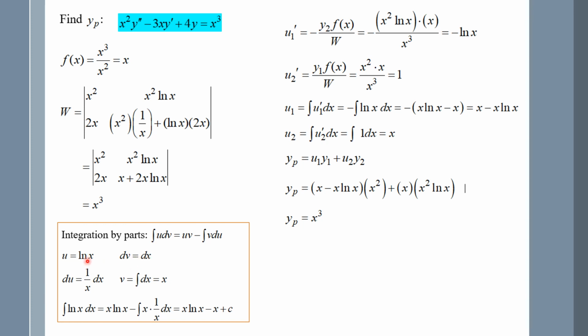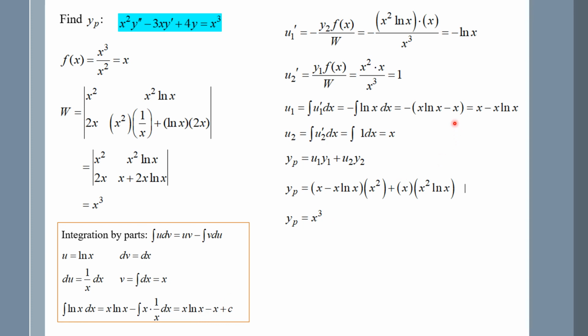Differentiate ln x to get du, the answer is 1 over x dx, and integrate dx to get v, and the answer is just x. So apply the formula: u times v will be x multiplied by ln x, minus the integration of v du, so x multiplied by 1 over x dx. Simplify this, and we get the integration of ln x as x ln x minus x.